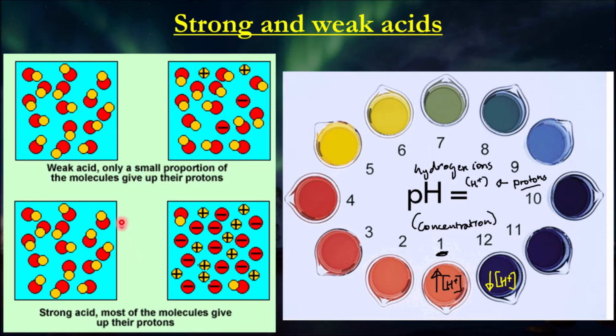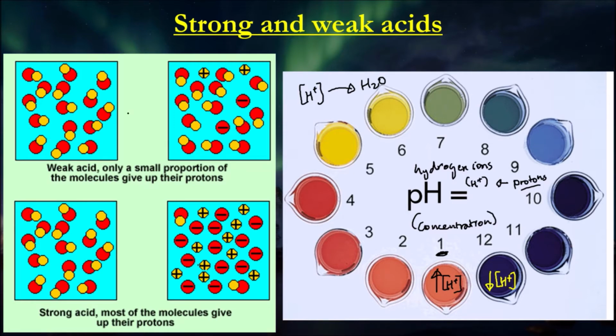Now, what actually happens in acids when they mix with water is, if it's a strong acid, it will release all of its H+ ions in the water. So that's if it's strong. If it's weak, it will only give a small amount of hydrogen ions.